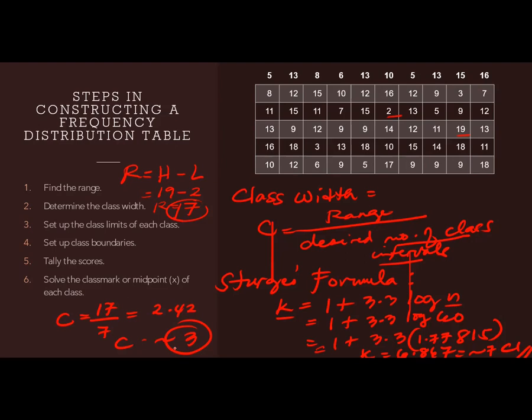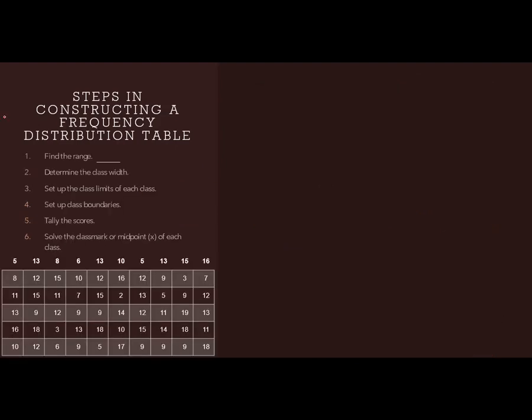So the next step that we're going to do is, again, our range is 17. This would be our range. Our class width is 3. So the next step is to set up the class limits of each class.